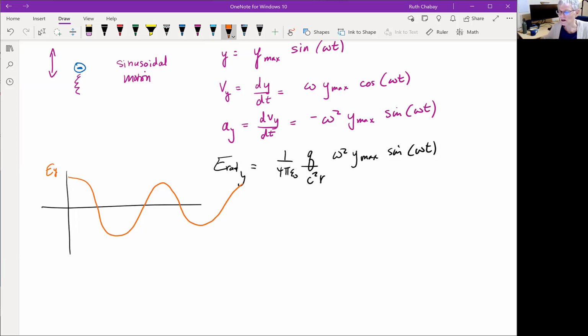And of course we'd have a magnetic field too. So what we'd get would be something that looks kind of like this.